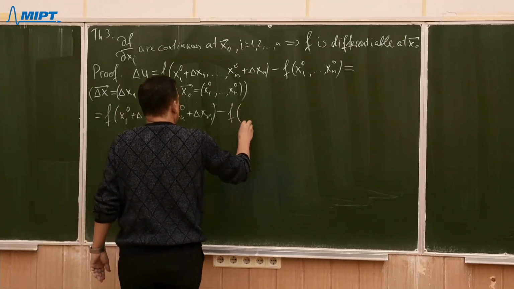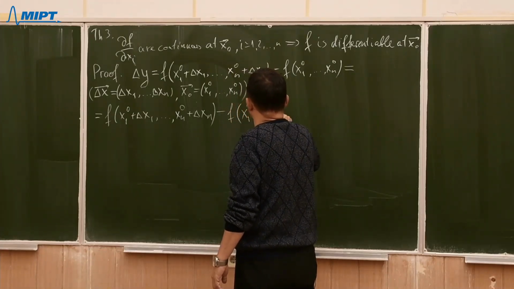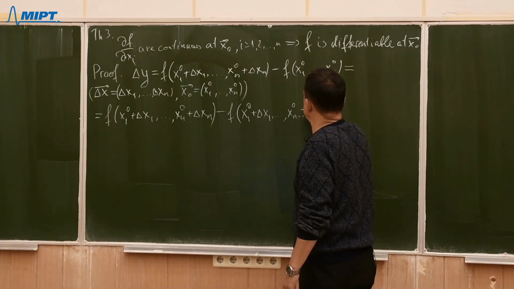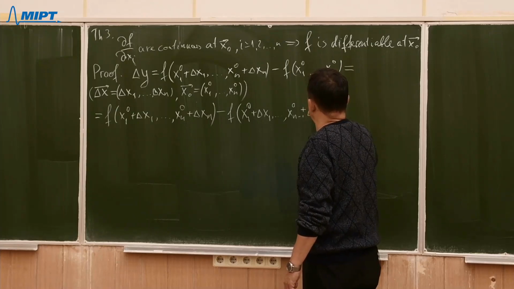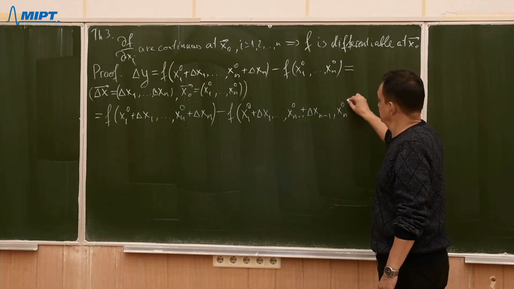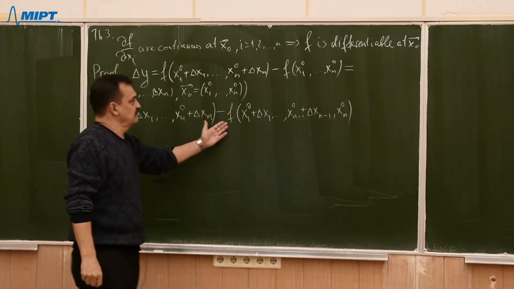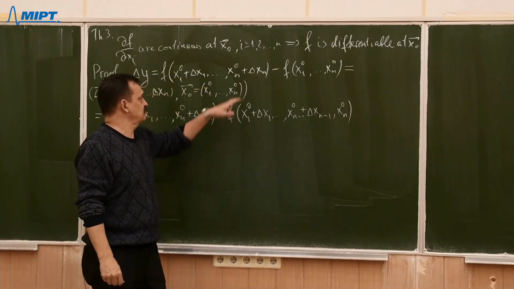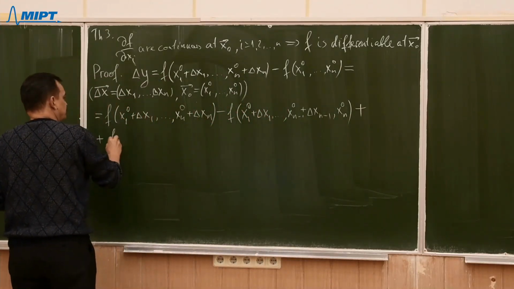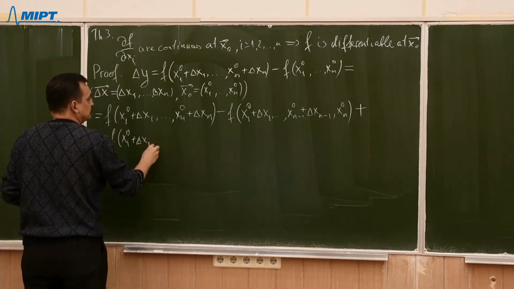So I subtract f at x1 naught plus delta x1, and so on. All variables except for the very last are the same as before, but the very last will be different, without this delta xn. Of course, this value doesn't appear from the beginning, so I need to compensate it. So I compensate this value.